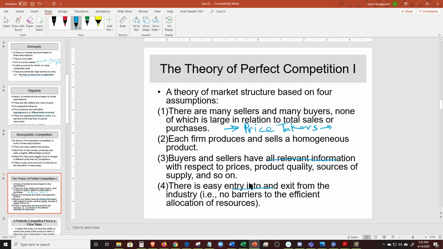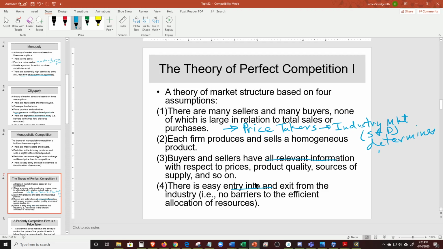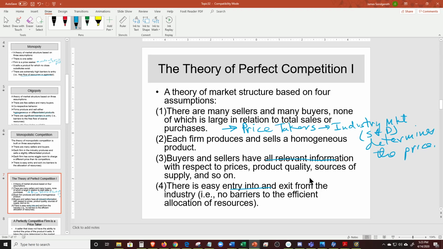In other words, the industry market, i.e. supply and demand, determines the price. And the firms can sell as much or as little as they want at that price. This is the big thing. This is the thing that really is going to be a big part of this section here, okay?